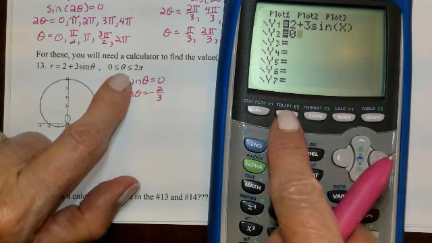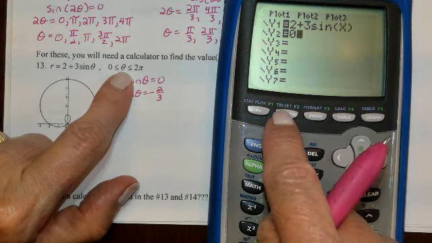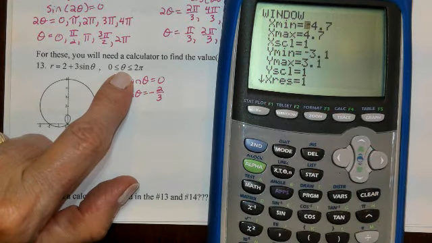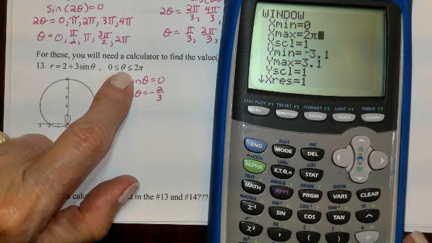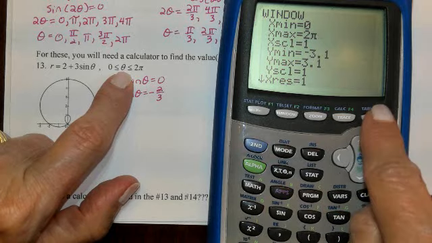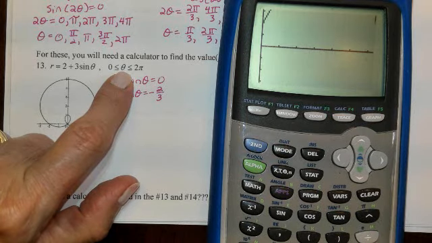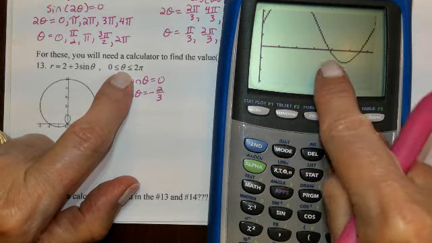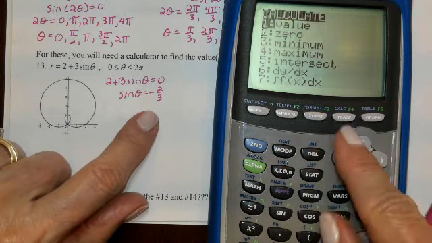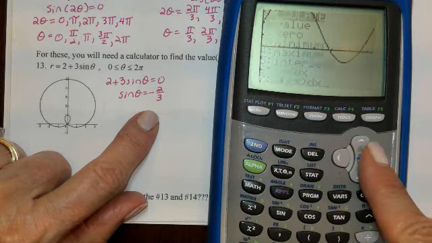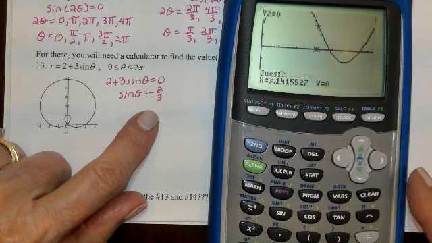I only want between 0 and 2 pi, so please restrict your window from 0 to 2 pi. Why see more than you want to see? Okay, there are our 2 theta values right there. So second calc 5 for intersection. Enter, enter, enter.